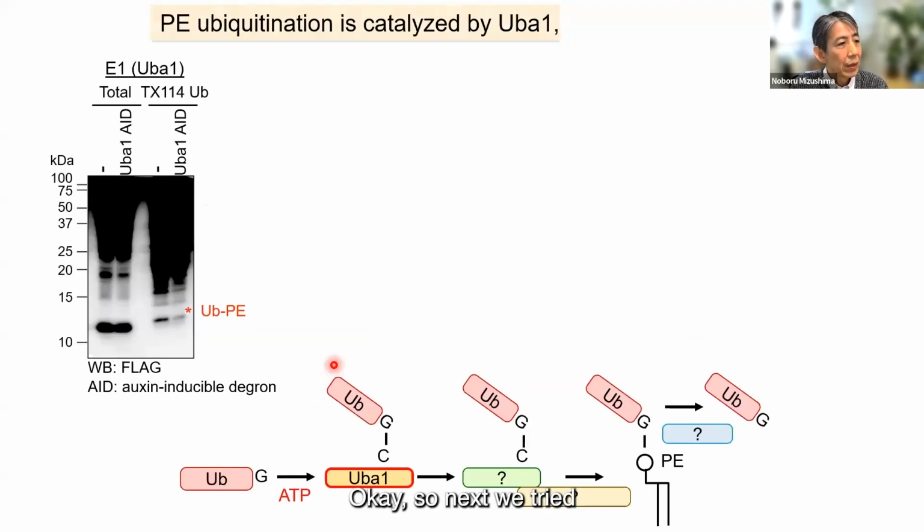Okay. So next we tried to identify enzymes required for ubiquitination of PE. And first we confirmed that E1 enzyme is required.